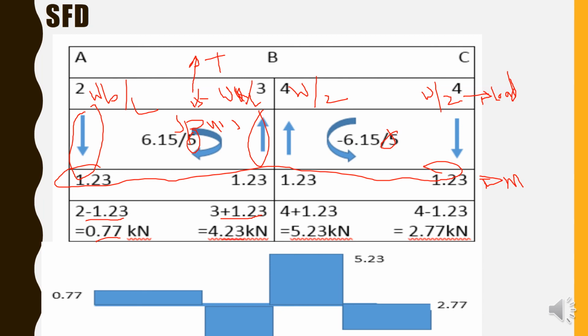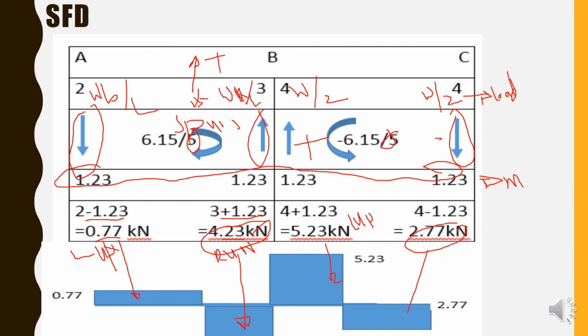Likewise, 4 plus 1.23 comes out as 5.23, and the downward one is negative. On the left-hand side an upward force is positive and on the right-hand side an upward force is negative. So 4.23 will be marked downward, whereas 0.77 will be marked upward. Here this 5.23 is on the left-hand side, so it is positive, whereas here 2.77 on the right-hand side is negative.